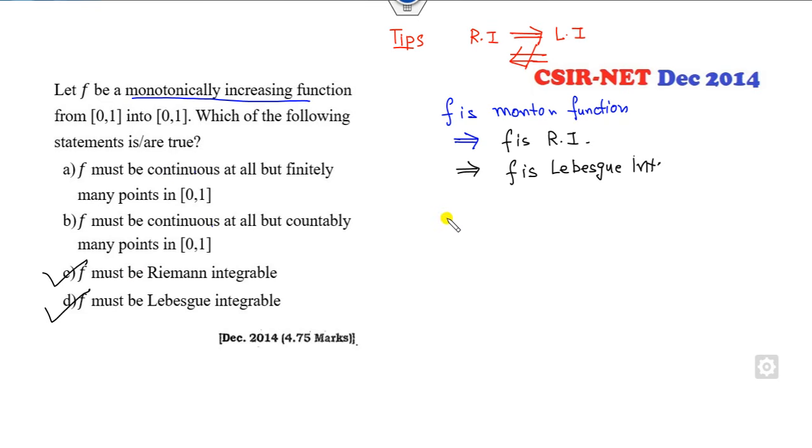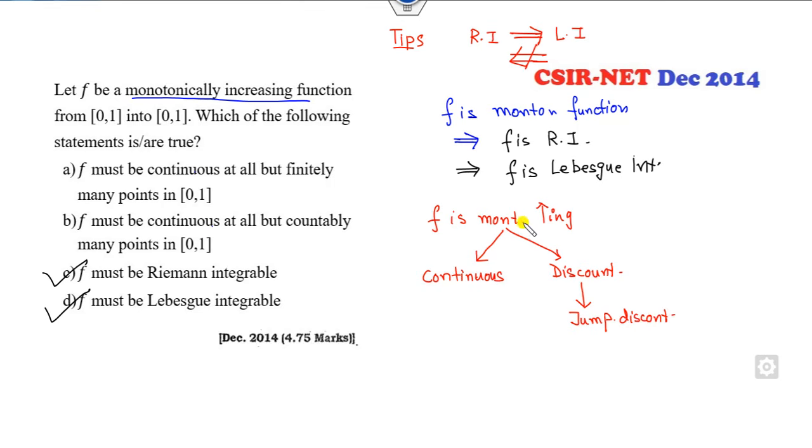Now continuous. What is given to you? F is a monotonically increasing function. If it's monotonic increasing, then either it's continuous or it may have discontinuities. If it is a continuous function, then we can say it's Riemann integrable. But what kind of continuity is there? If it's discontinuous, then we all know it has a jump discontinuity. The only kind of discontinuity a monotonic increasing function has is jump discontinuity.